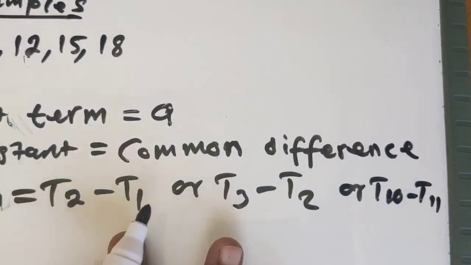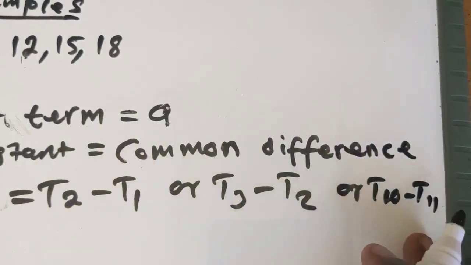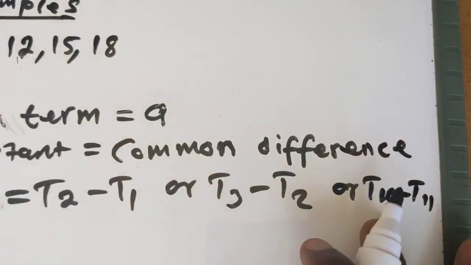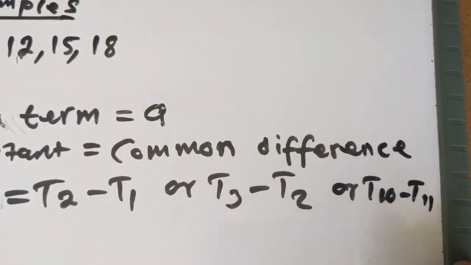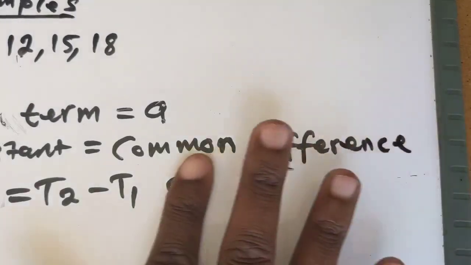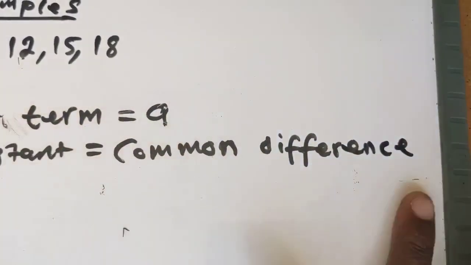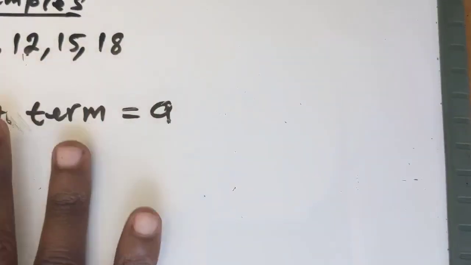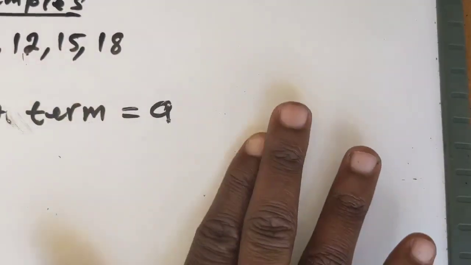You can use this formula even if you are given term 10 and term 11. You just subtract the term that is in front minus the term that is behind. That is what you are supposed to do to find the common difference, which is denoted by D.